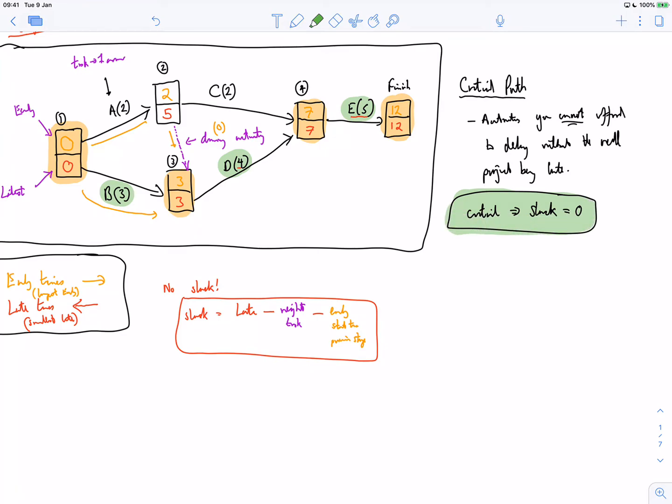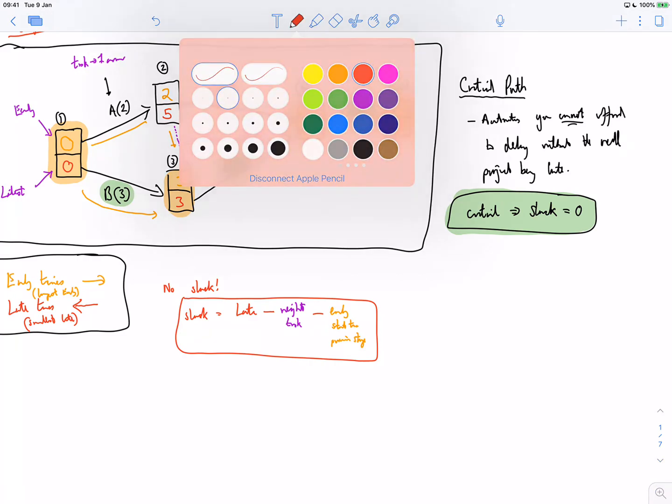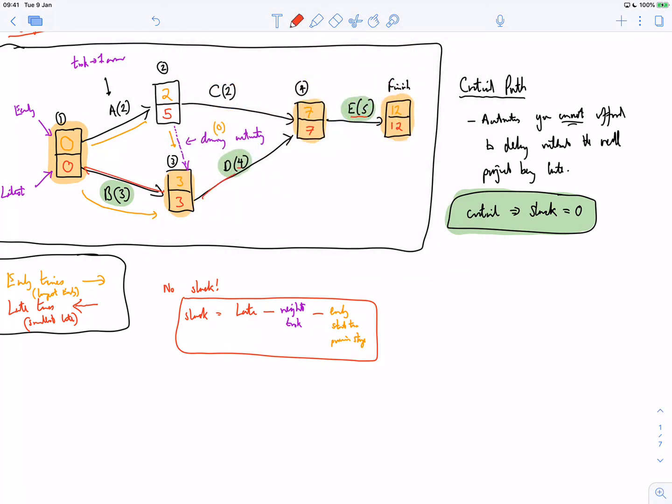Now, usually the path or the critical activities trace out a path, and in this case it's going along the bottom here.